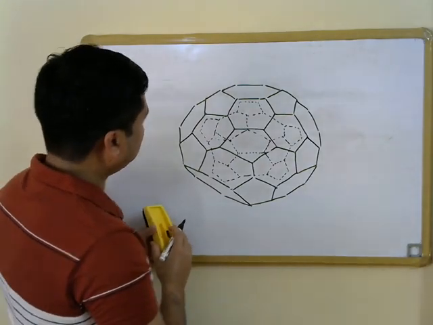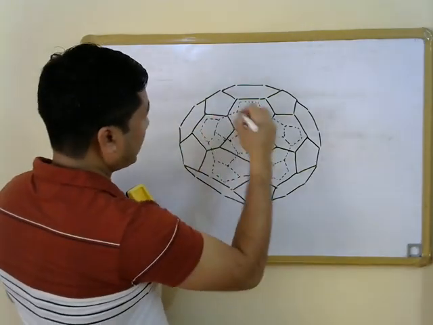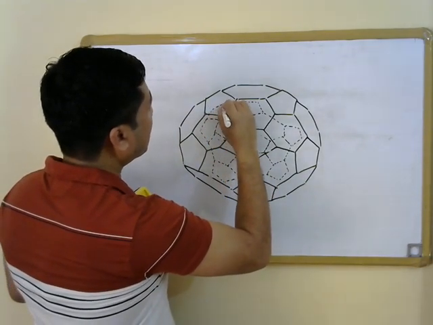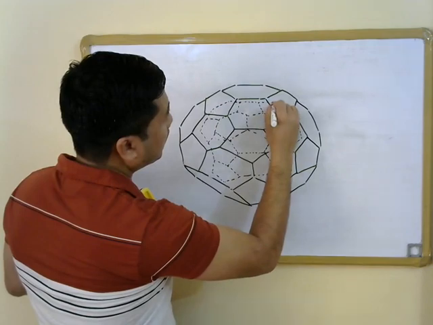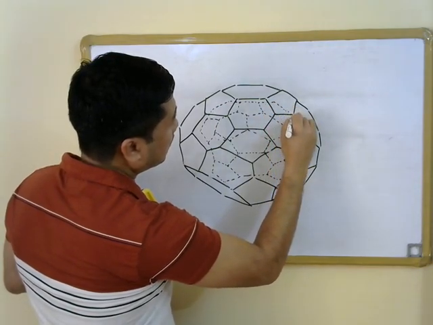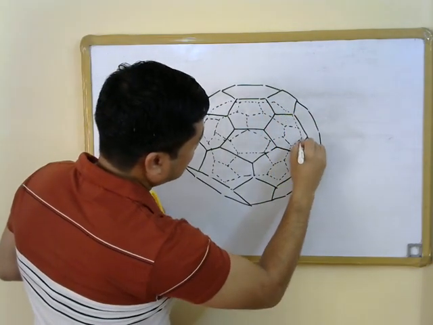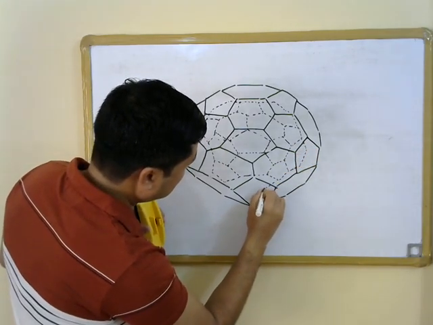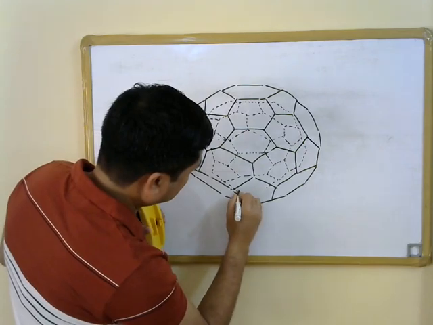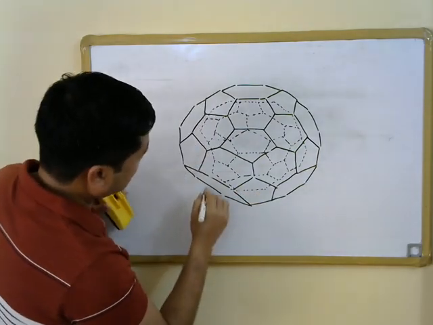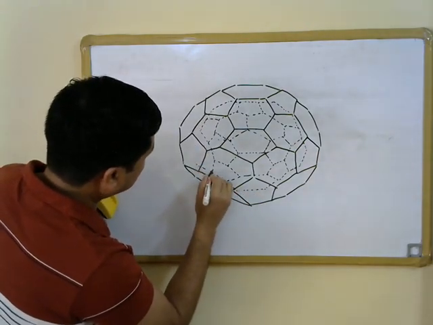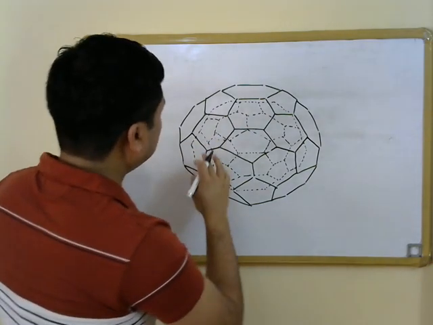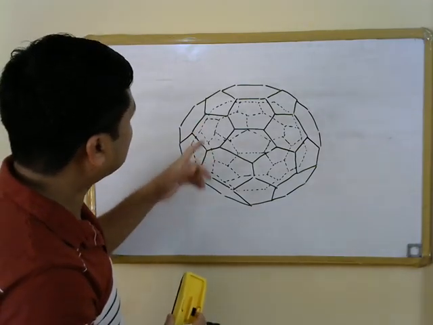After that, once we are done with that, we will draw hexagons here. This is where we have to draw another hexagon.